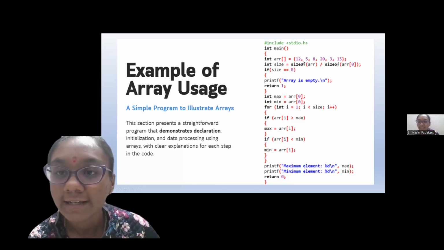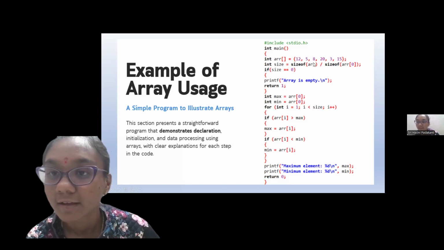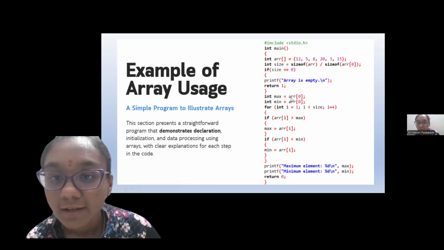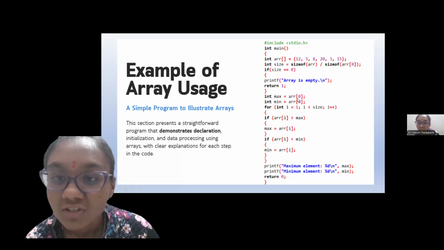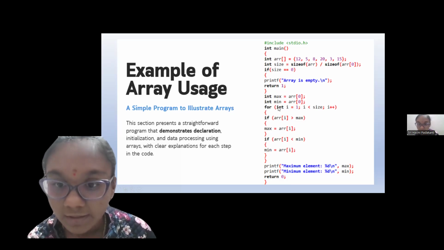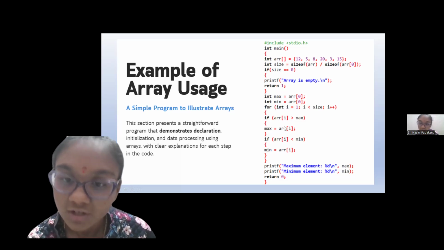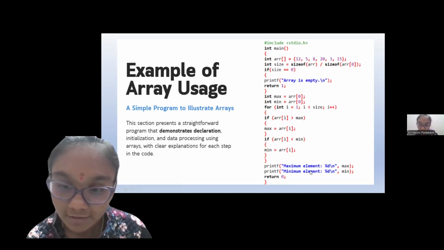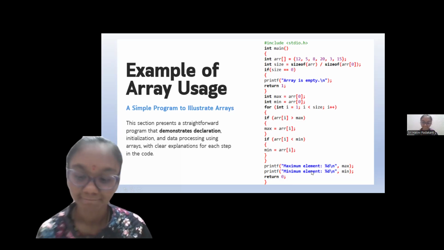Here, we are declaring an array or defining an array. Here, we are initializing an array and initializing index 0 to the maximum and initializing index 0, array 0 to the minimum. Next, we are checking the condition and updation, and these should end with printing.